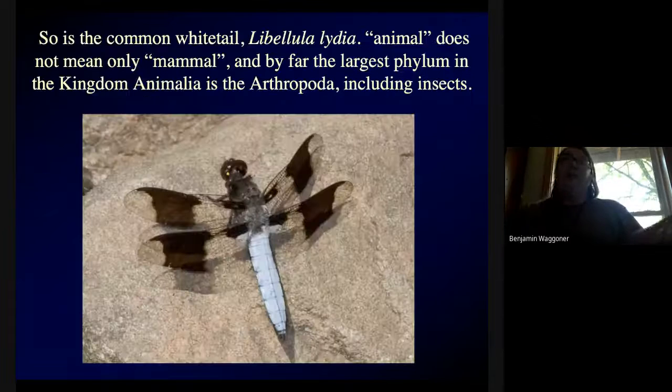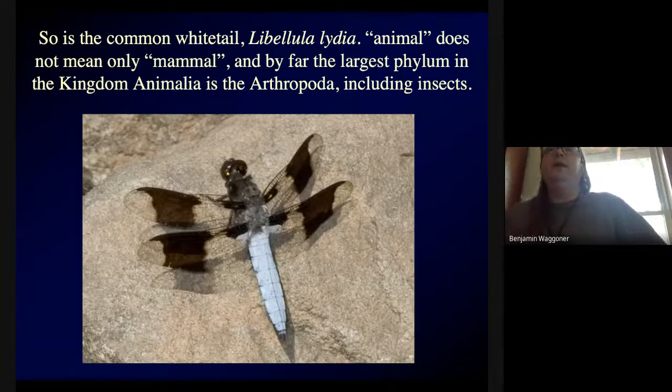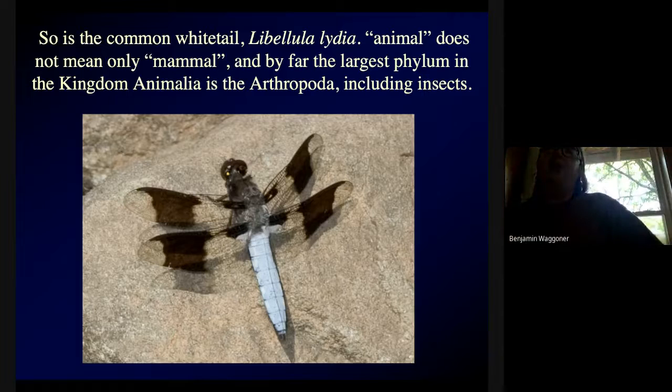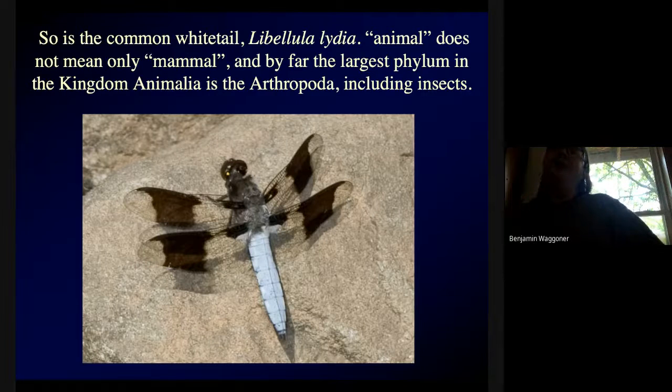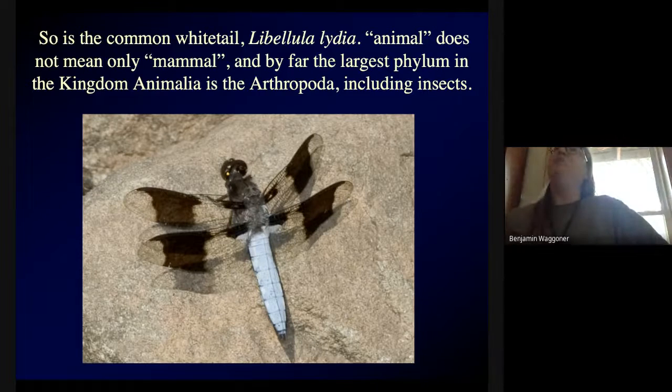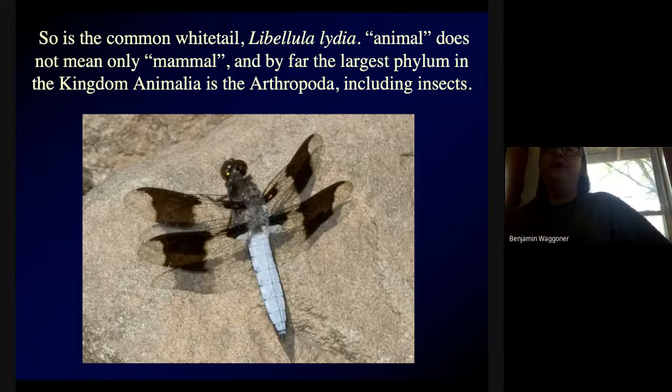But insects are also animals, like this common white-tailed dragonfly, which you can see around here at about this time. Animal is not restricted only to the mammals, the critters that have a backbone and hair and feed their babies with milk. By far the largest phylum in the kingdom Animalia is the phylum Arthropoda, which includes insects, as well as crustaceans like crabs and lobsters and crawfish and shrimp, and spiders and scorpions and other arachnids and so on.